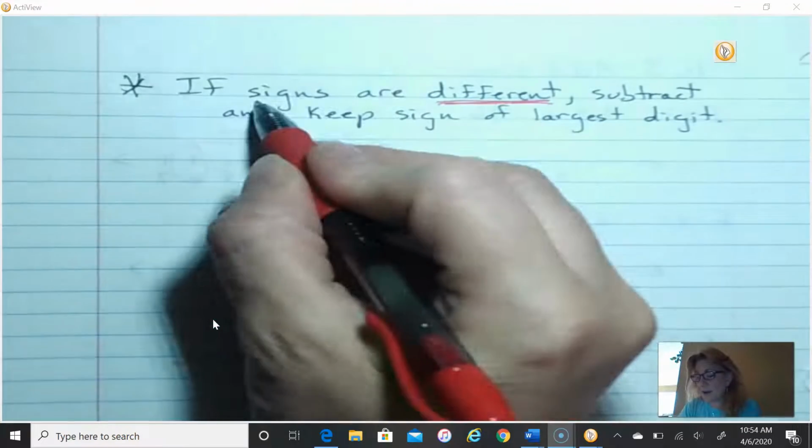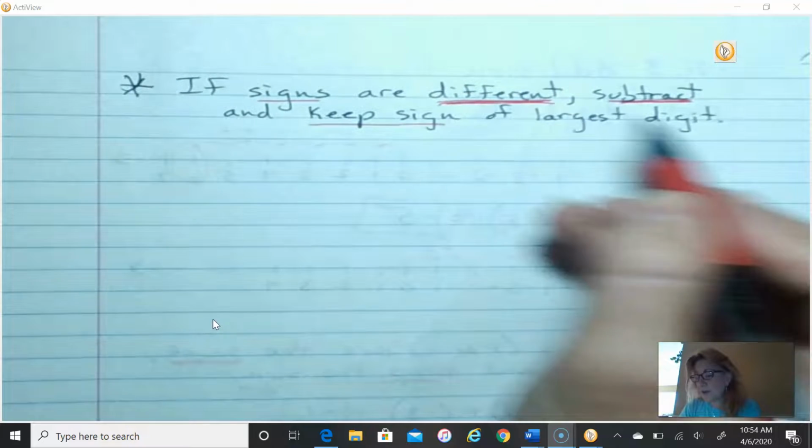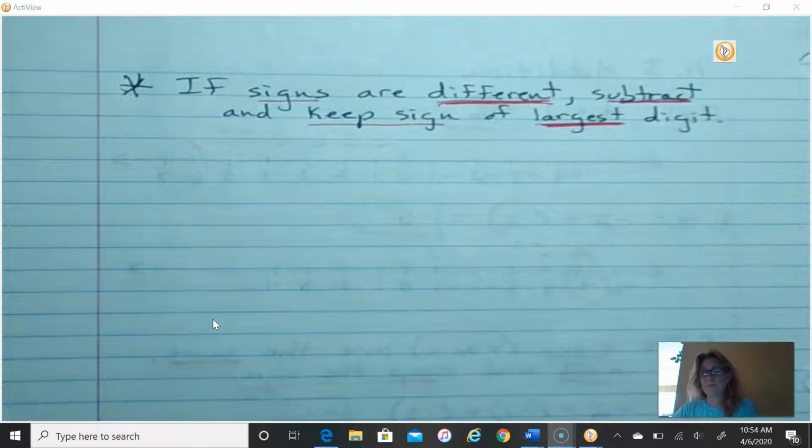If the signs are different, you subtract and keep the sign of the largest. Okay? All right.